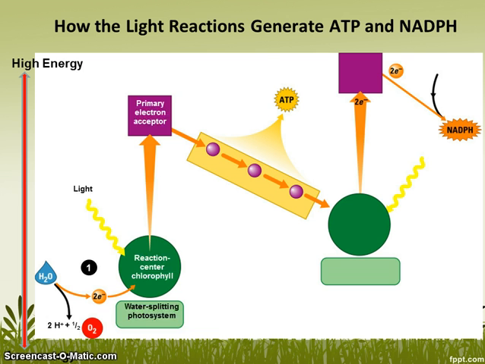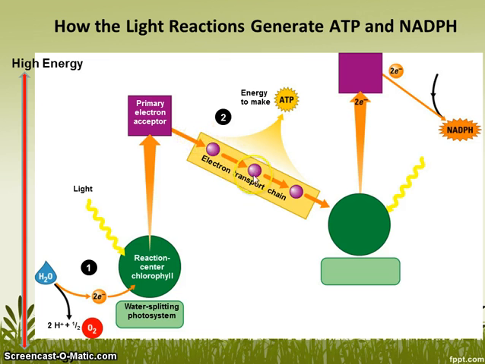To summarize, we can look at this diagram. Water is first split into hydrogen. That's the first thing that happens. Two hydrogens are then moved with an electron carrier with high energy. When light heats it up, the hydrogen goes up, and then it goes to the second stage.